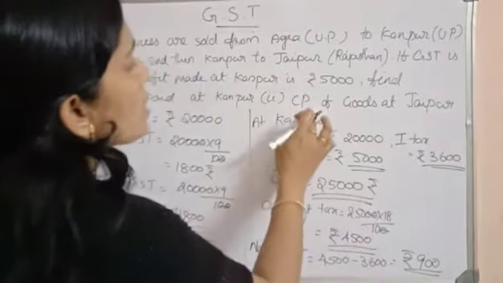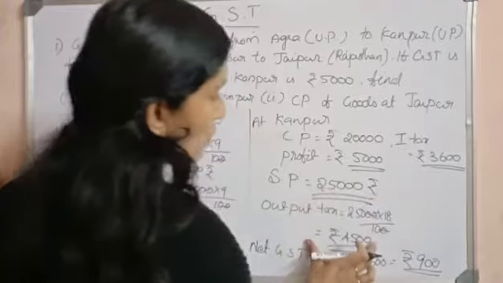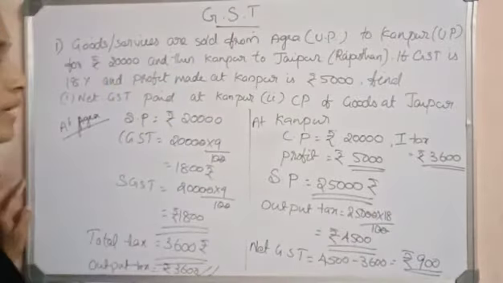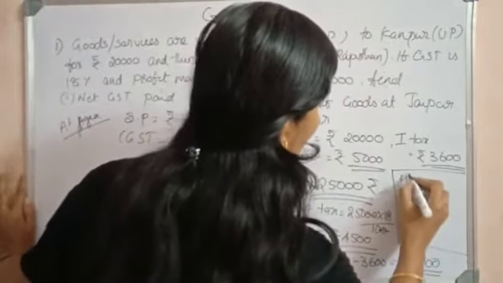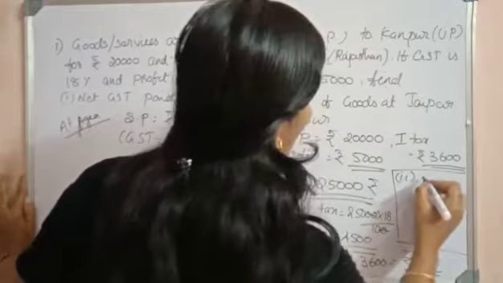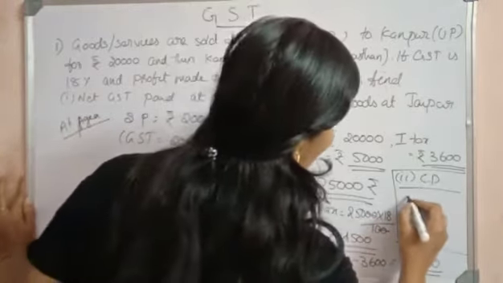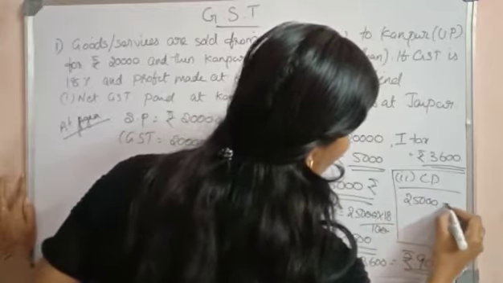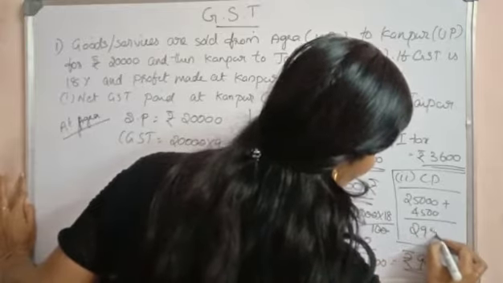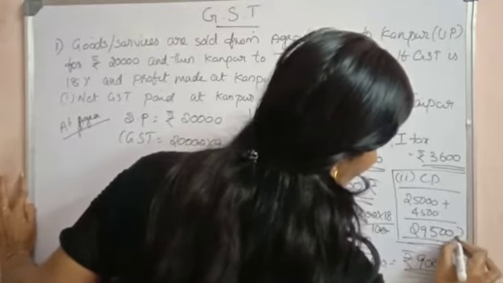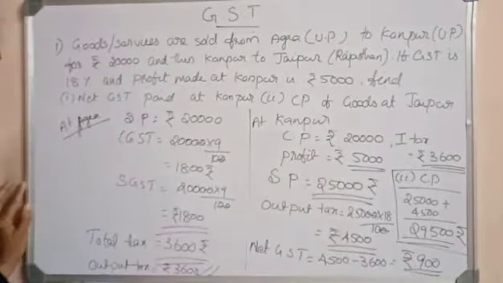Therefore, the cost price of goods at Jaipur is 25,000 plus 4,500, and that is equal to 29,500. This is the cost price of the goods or services at Jaipur.